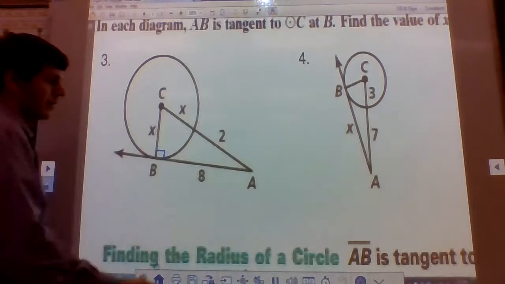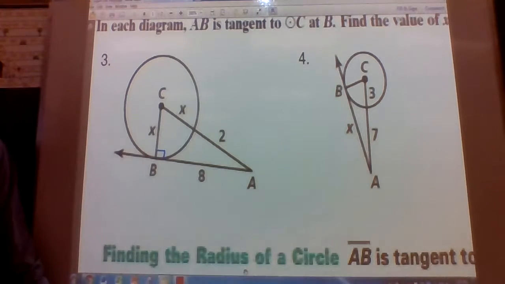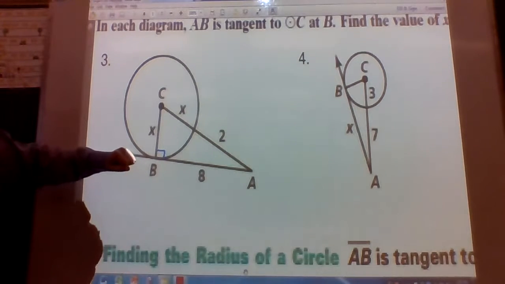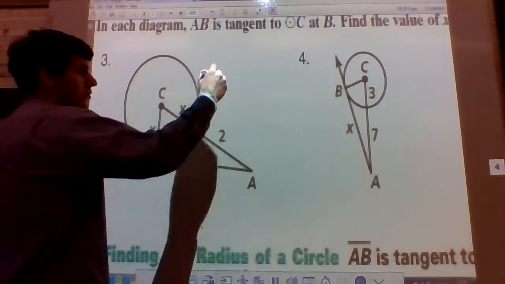So we now have a right triangle. If the radius and the tangent line are perpendicular, that means they form a right angle. You have a right triangle. If you have a right triangle, we can use the Pythagorean theorem. We can use a squared plus b squared equals c squared.